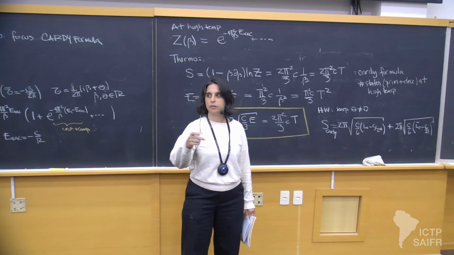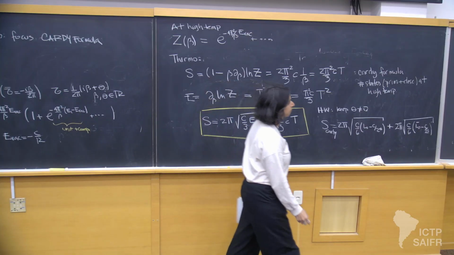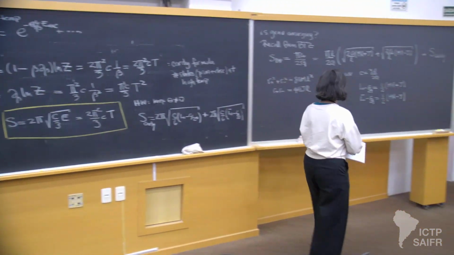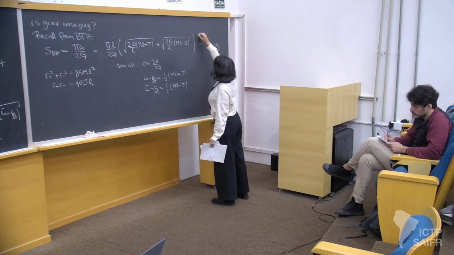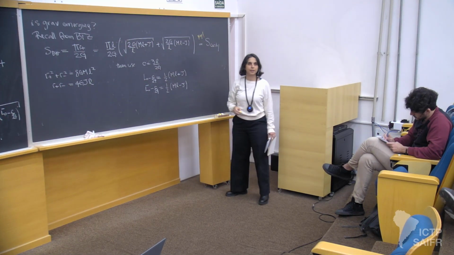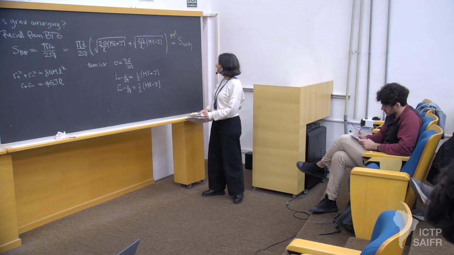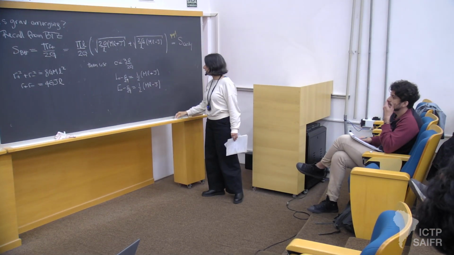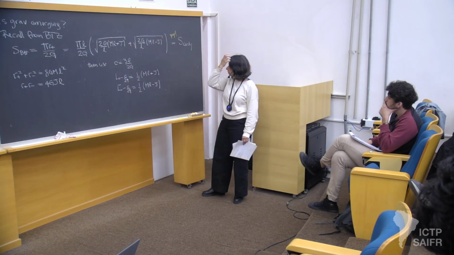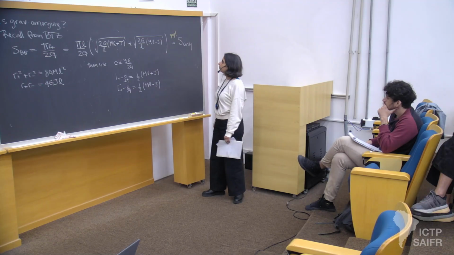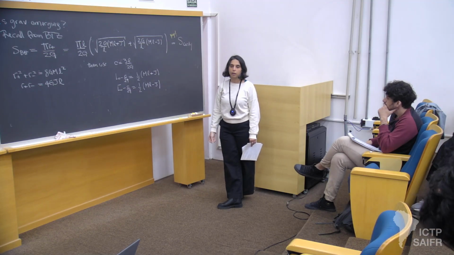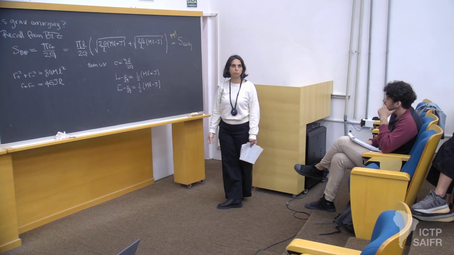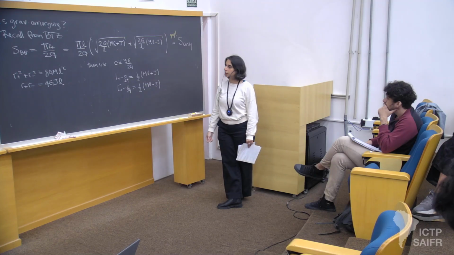Was there a question? No? Okay. Yay. So this was noticed around, I think, yeah, it was 97 by Andrew Strominger. It's a version of the Strominger-Vafa computation that explains the entropy of black holes in string theory.